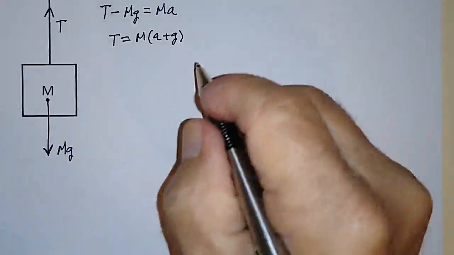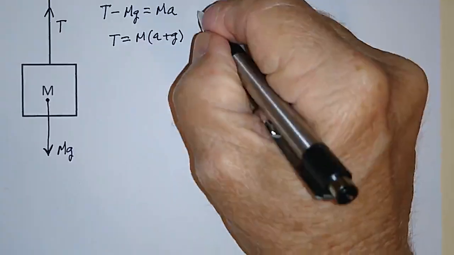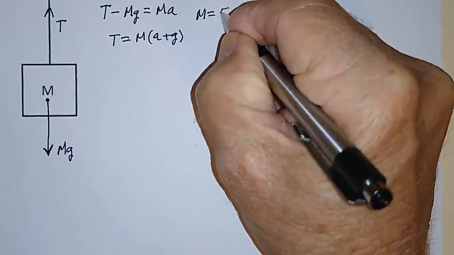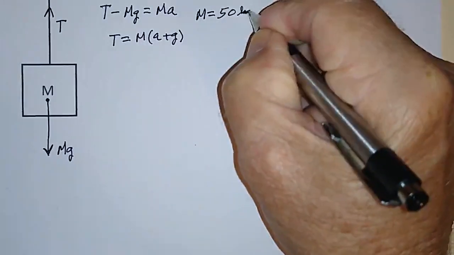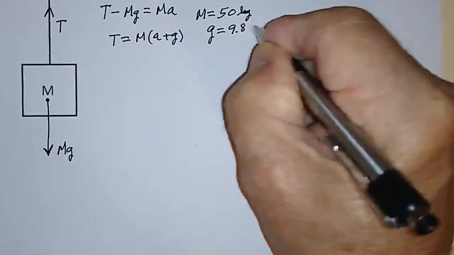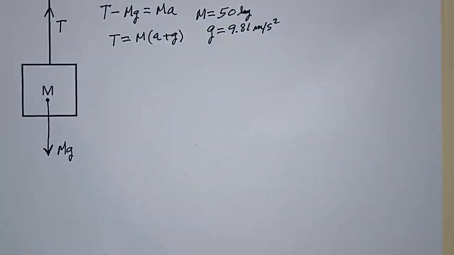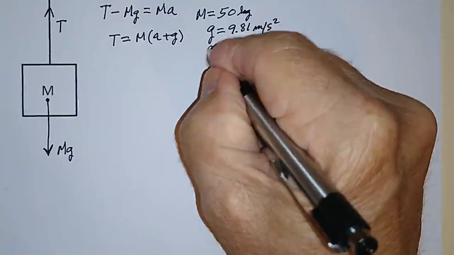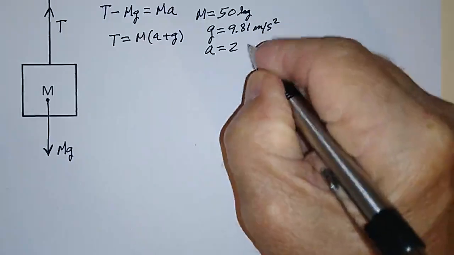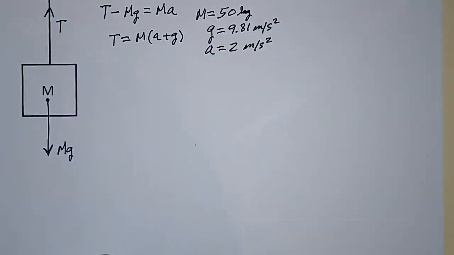So just to take an example, let's say that the mass is 50 kilograms. Let's say m is equal to 50 kilograms, and g is equal to 9.81 meters per second squared. What we want to know is, let's say, the acceleration is 2 meters per second squared upward. What is the tension?